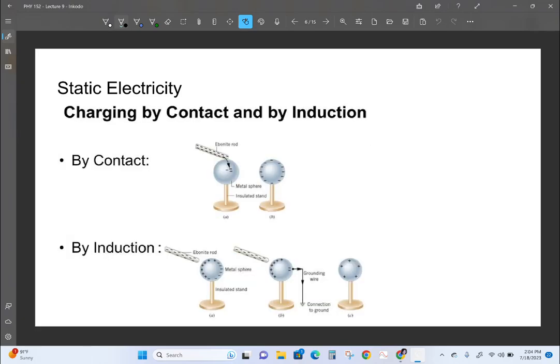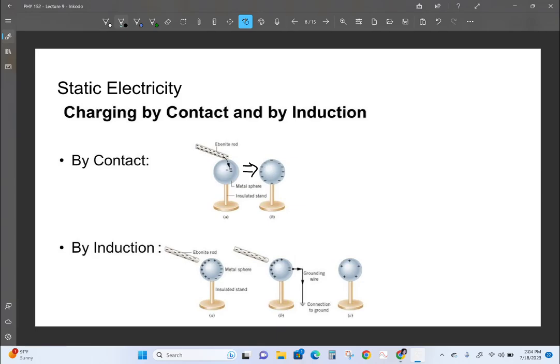The other way that you can charge something is by contact, right? By literally charging something up, giving it a negative charge, and then touching a conductive material. Those electrons will flow onto that conductive material because it's more positively charged. And now that material becomes negatively charged.